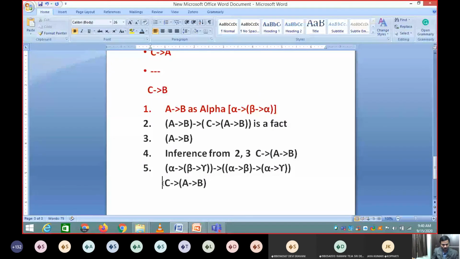If something is like this, then what is valid is, it is telling like this, C to B. There is no need that we have to write this.